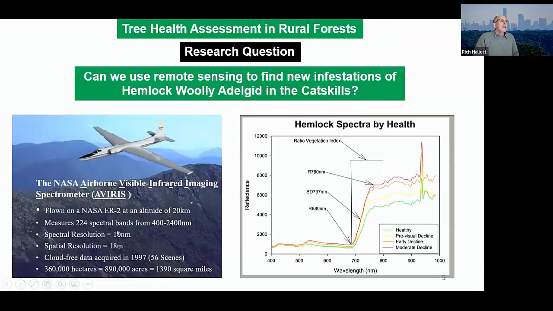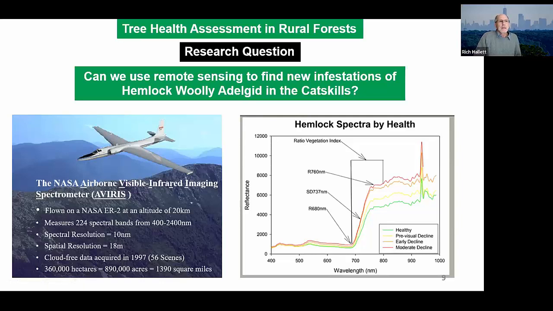And thinking about what we could do with remote sensing technology, I was pretty interested in forest health issues. And at that time, hemlock woolly adelgid was becoming a problem here in the northeastern United States.